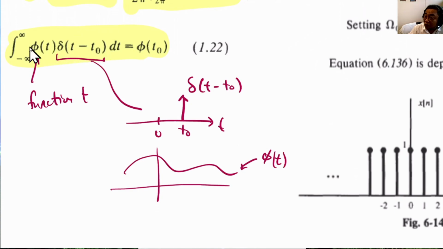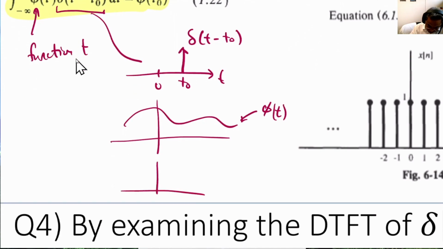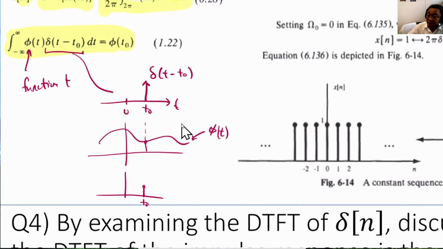When we multiply this together and we integrate, then out comes a value at t naught, exactly this value here. So this is the shifting property of integration with a delta function. This is what the notation phi of t naught means: this is a continuous function of t, and here we are only extracting the value at this particular instant t naught.